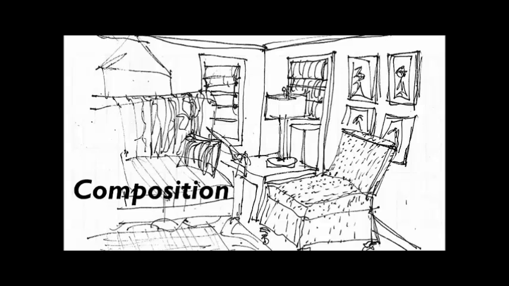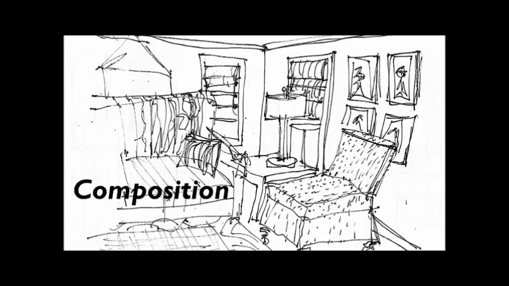So this is a sketch of a corner of a room, and the person drawing it has chosen to leave off part of the sofa. They've chosen to focus only on one corner of the room. They haven't drawn other parts of the room. There's no door. There's maybe a window or a couple of windows back behind.